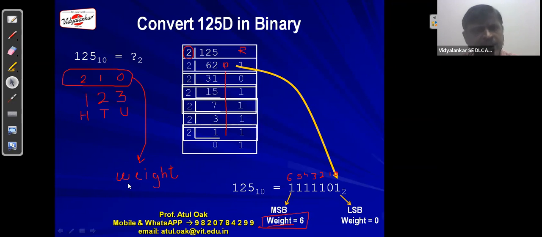Weight is defined as the position of a bit or a digit.